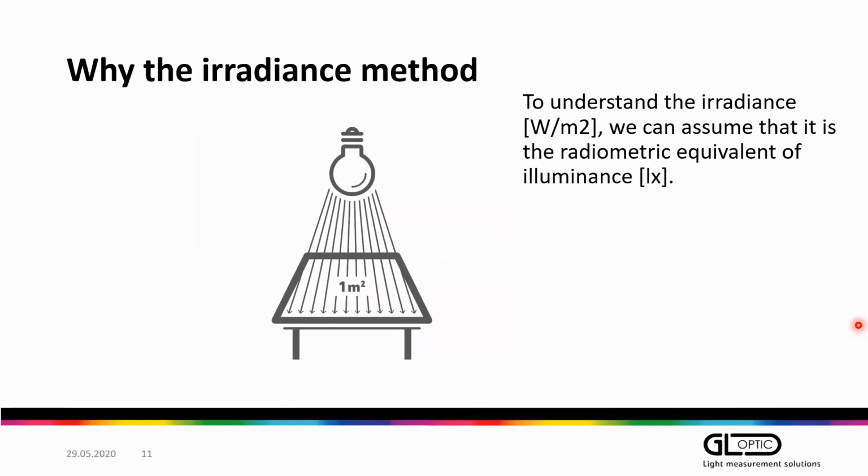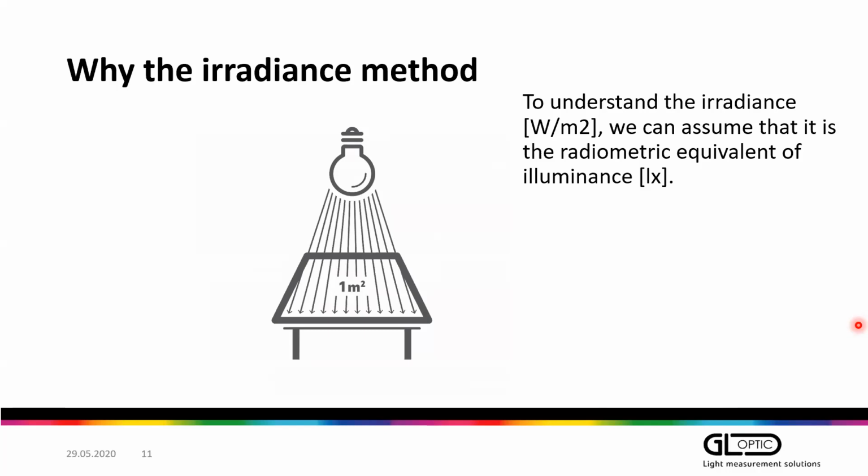Explanation: what is irradiance? It's a radiometric equivalent of illuminance. Of course, in this case, we are not talking about human eye sensitivity, so we are not talking about so-called brightness levels or amount of light, because we are talking about UV. It's optical radiation. It's invisible to the human eye.